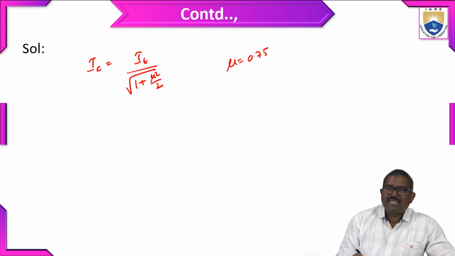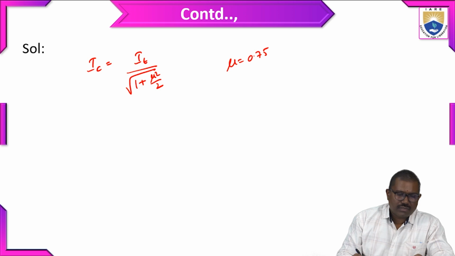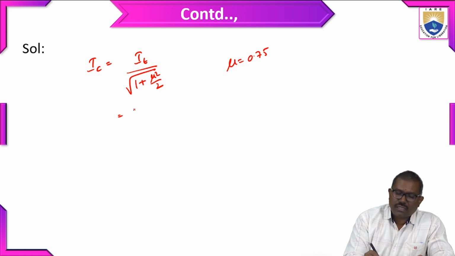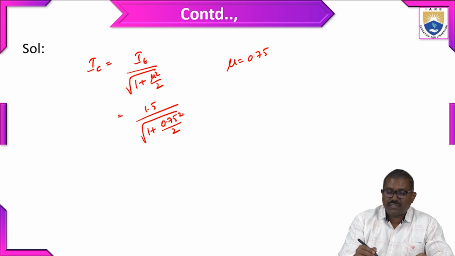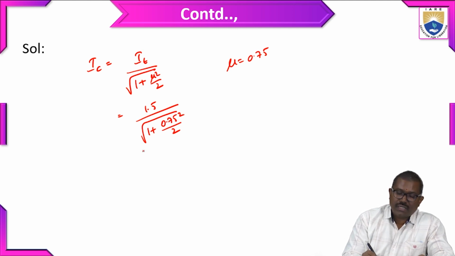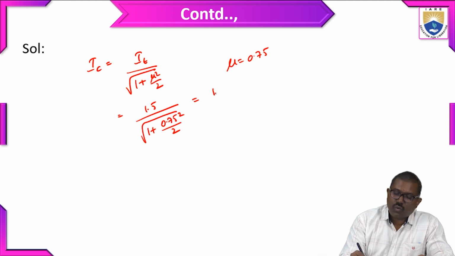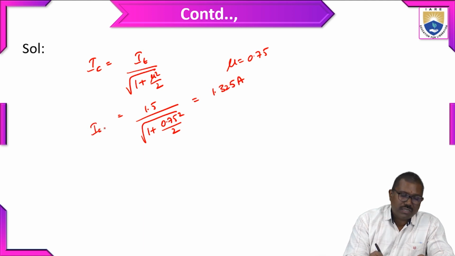And IT value is 1.5. So here 1.5 divided by square root of 1 plus 0.75 square by 2. So by using the calculator, we calculate this numerical value. You get this IC value as 1.325 amps. So this is my IC.